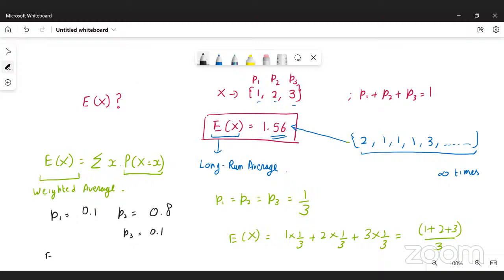So in that case, we compute the average. Average is just another term you can use for expectation. It would be 1 times 0.1, where value 1 gets the weight according to the probability of its occurrence. The value 2 gets the weight according to the probability of its occurrence, and same for value 3.